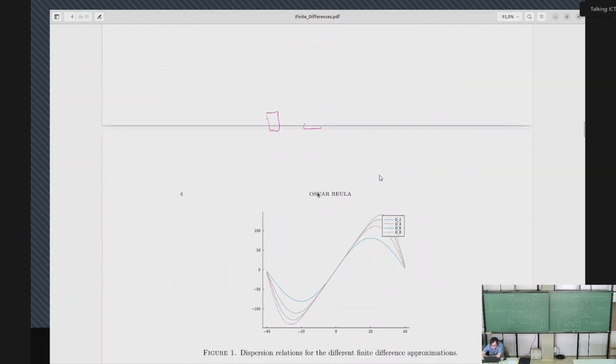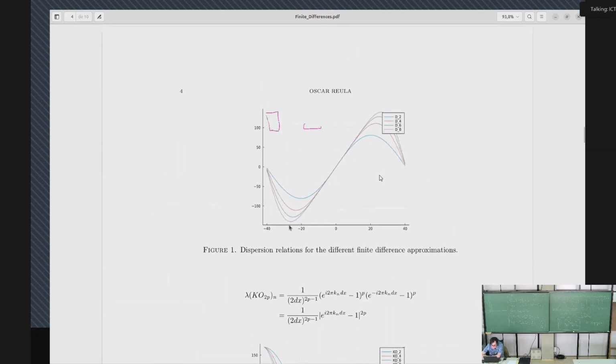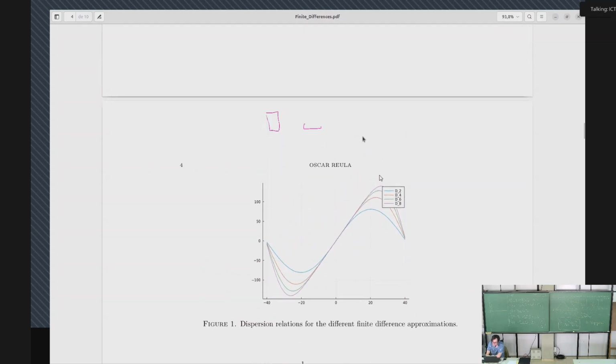So we expect some straight line here. But what we get is that for wave numbers that are very negative or very positive, we start to deviate from that line. And if we take a higher order operator, then we get closer and closer to that straight line. But sooner or later, some high frequency mode will appear.